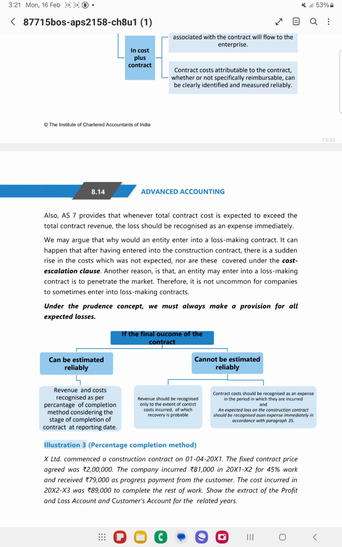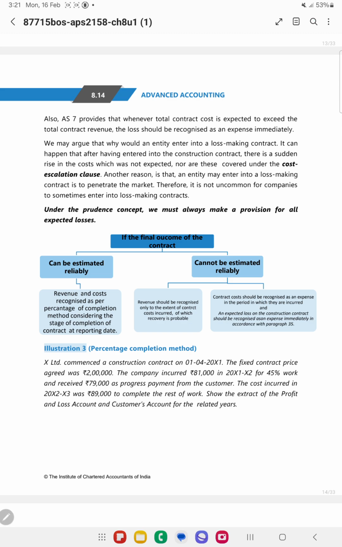Now if you know the final outcome of the contract, then in such cases you recognize the proportionate revenue as well as the proportionate cost. Now if you cannot estimate it properly, you will take revenue to the extent of cost. For example, you have incurred 1 crore of cost, you assume.